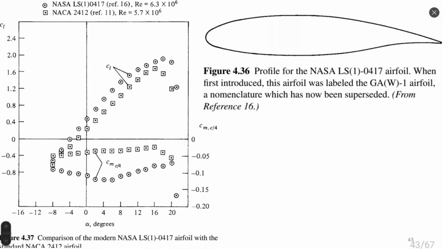For example, as you can see here, lift coefficient is increased. There are two different airfoils. One is the old airfoil NACA 2412, which is quite a simple airfoil. It's widely used, but it's not new, it's old.